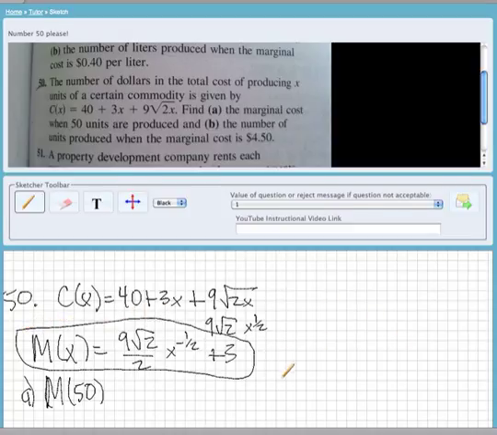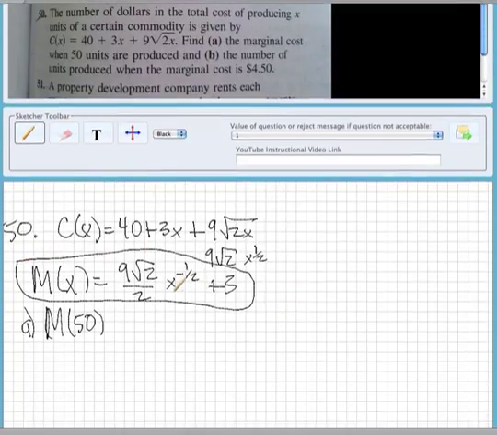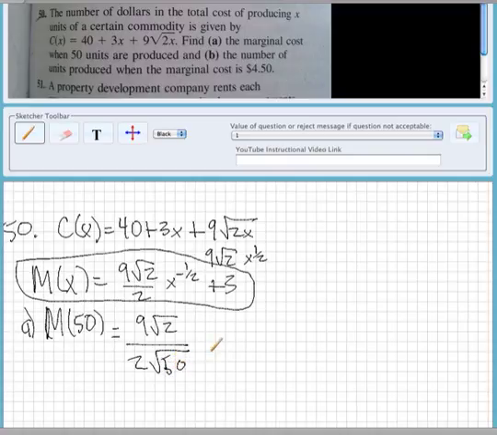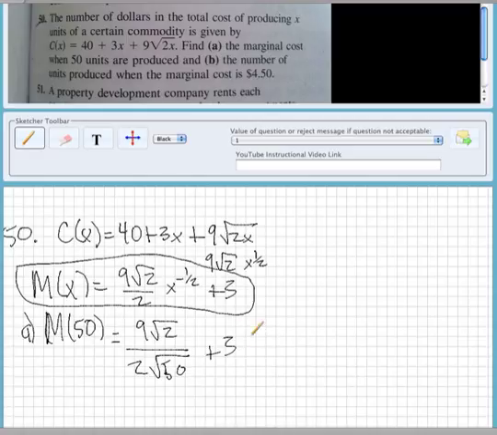So all we have to do is plug in 50 for x here. So it's going to be 9 root 2 over 2, and I'm going to put this on the bottom, root 50, plus 3. And that's going to equal, I'm going to bring out a 5 on the bottom, so it's going to be 10 root 2.